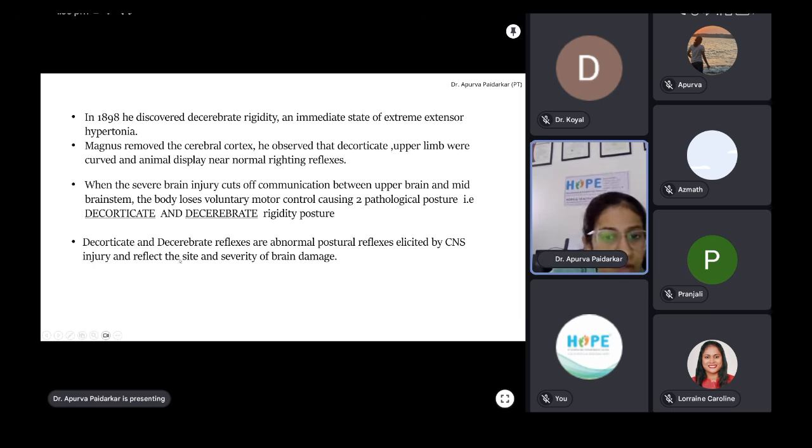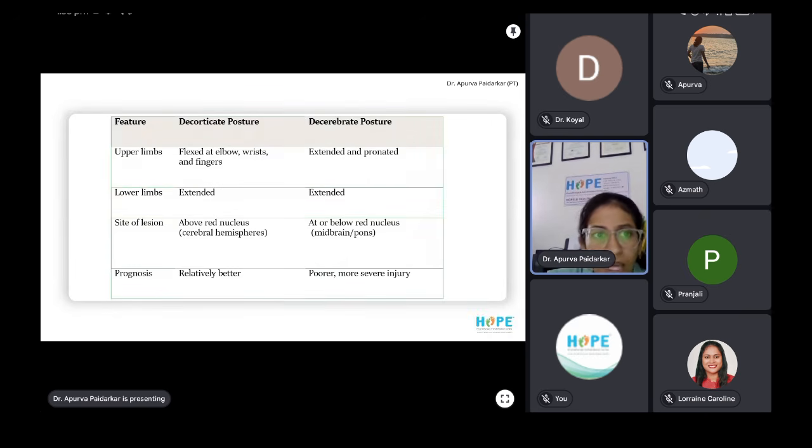So decorticate and decerebrate reflexes are abnormal posture reflexes elicited by CNS injury and reflect the site and severity of the brain damage, either above the midbrain or lower in the midbrain.